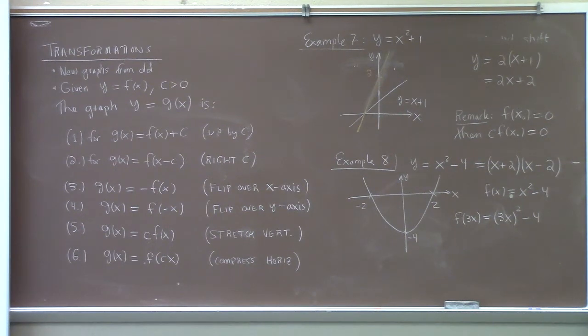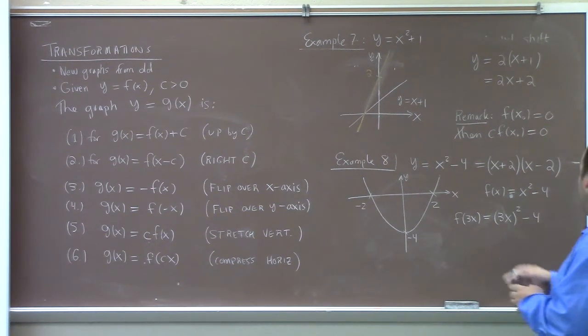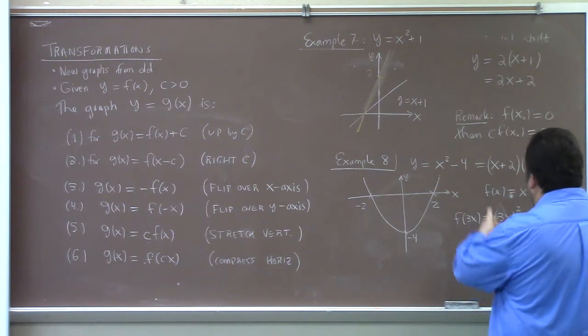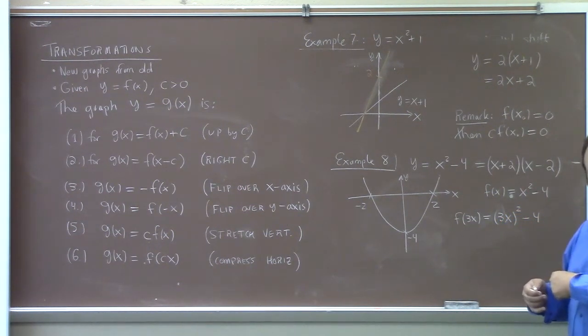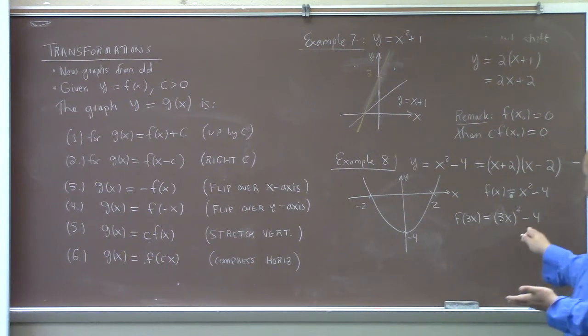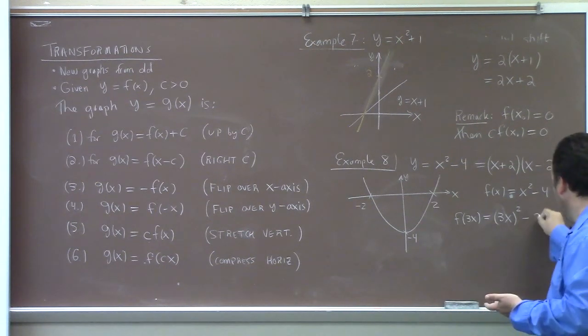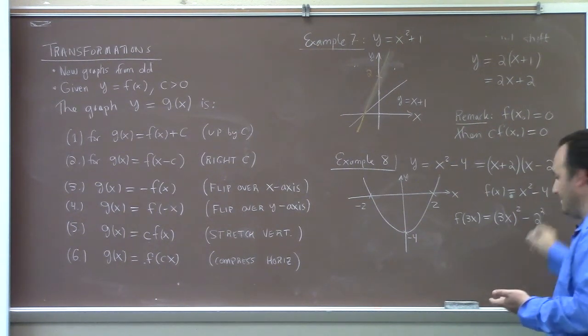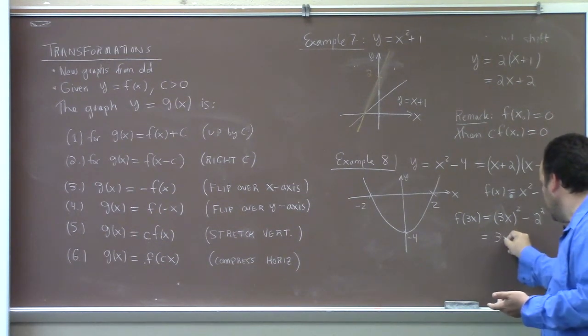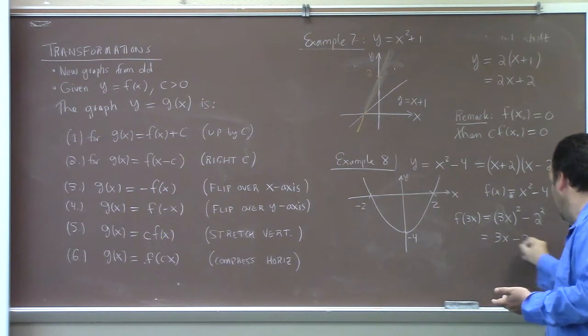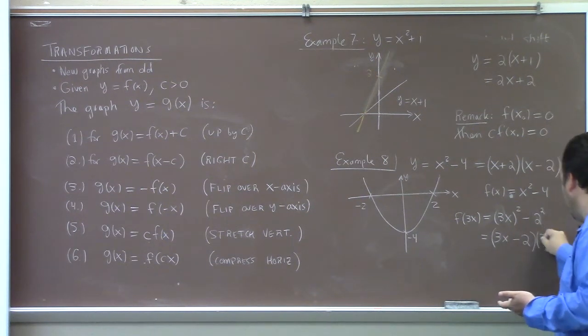What is (3x) squared minus 4? We could square this out, or we could think about it as a difference of squares and factor it immediately. What do you guys want to do? Let's factor it immediately. What's 4? It's 2 squared. So we could immediately factor this as 3x minus 2 times 3x plus 2.